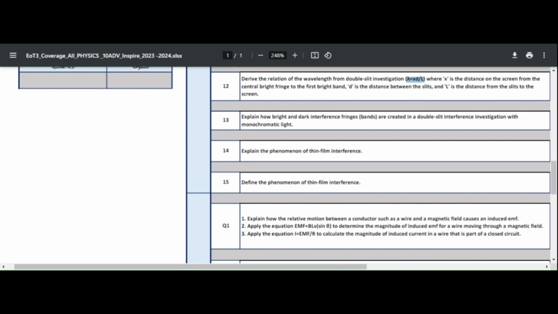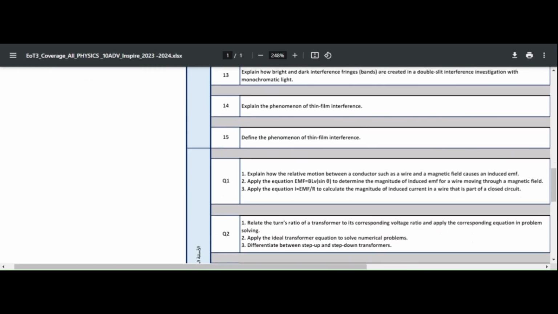So you must know what is lambda, what is L, what is X, and what is D. D is the distance between the slits, L is the distance between the slit and the screen, and X is the distance from the center of the screen to the bright or dark fringe, first bright band.